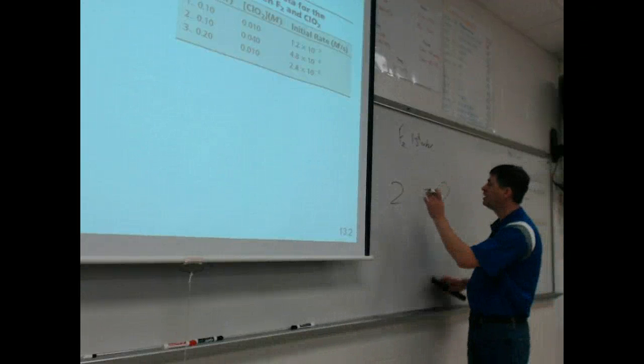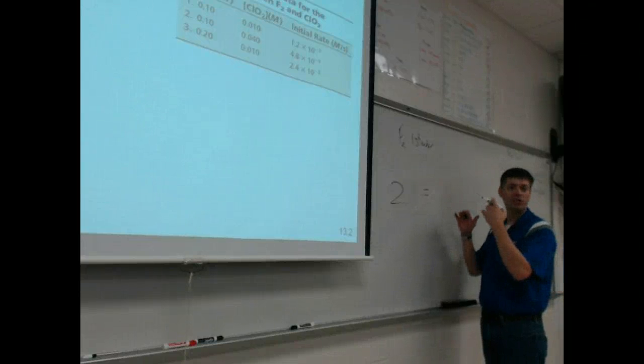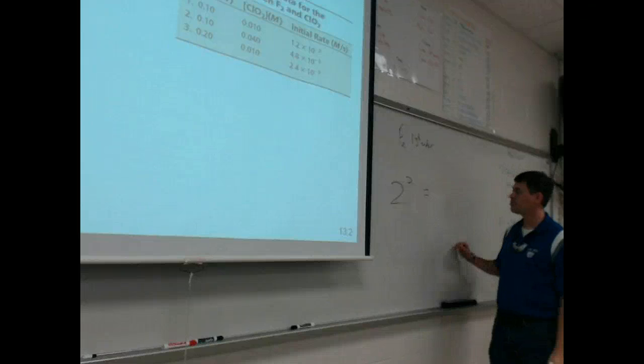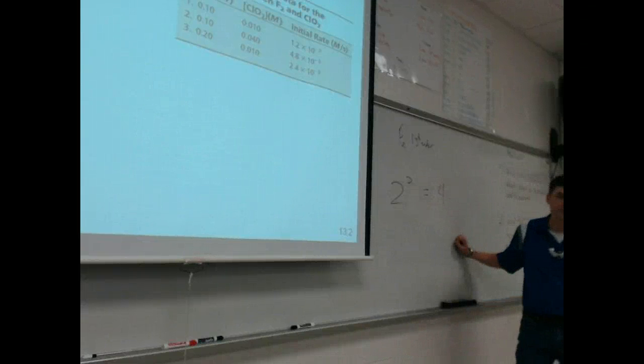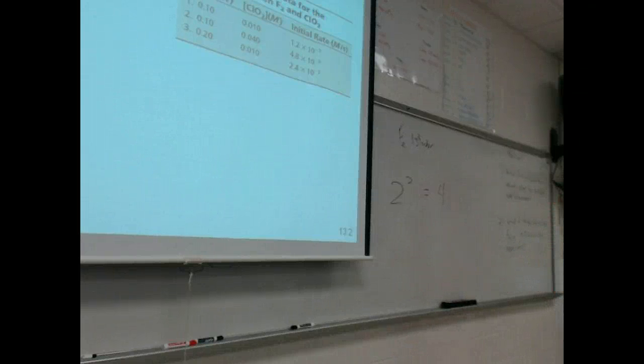Let's say we have a reaction where we're second order with respect to one reactant. What can I expect from the rate? Quadruple. I can expect the rate to go 4 times faster. Then it's second order. So it's telling us exactly what you said.